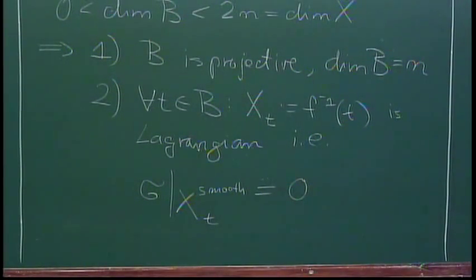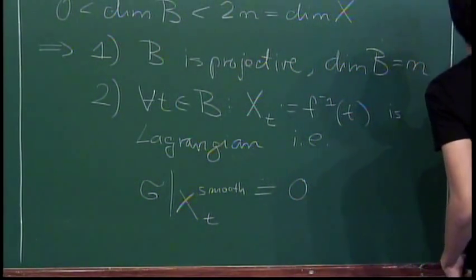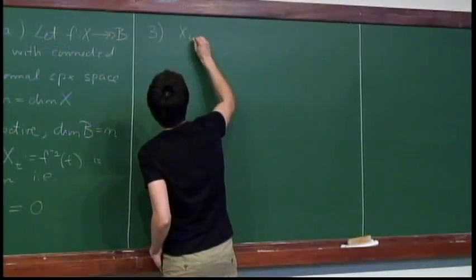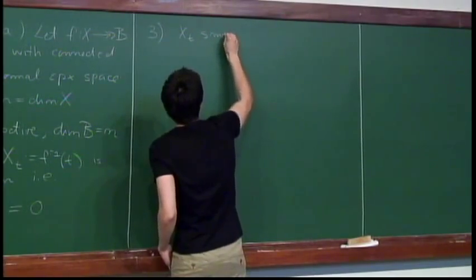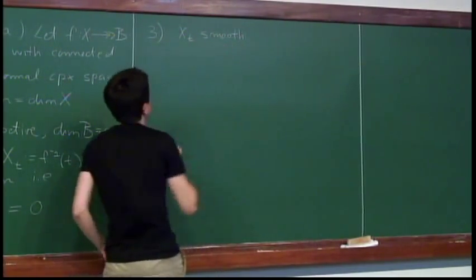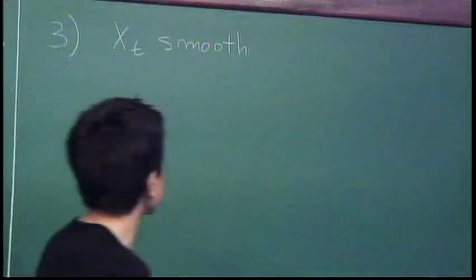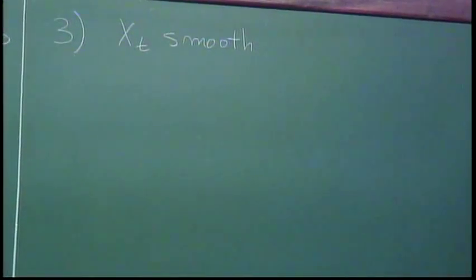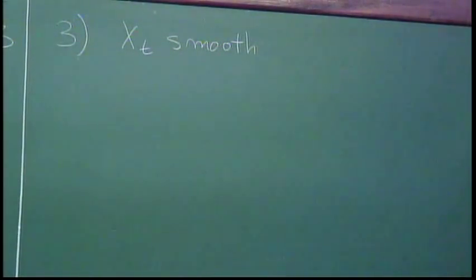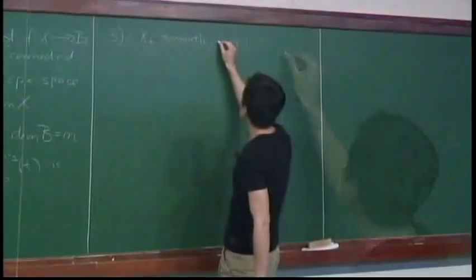And the last part of the theorem, if the fiber is assumed to be smooth, then, okay, this is actually not too deep. This is now an analogue of the Liouville theorem from real symplectic geometry.